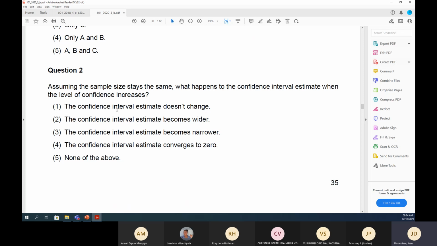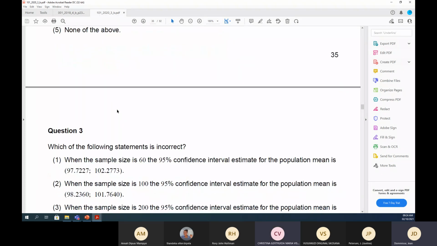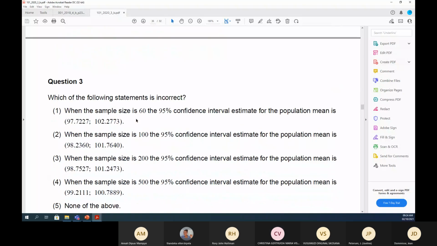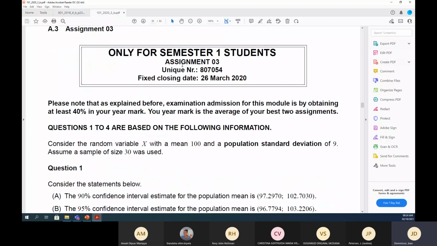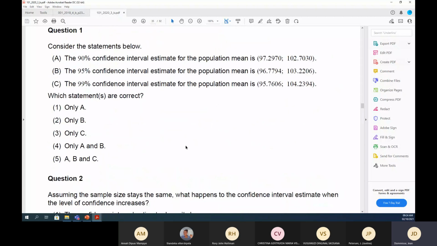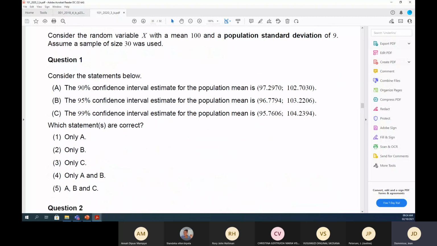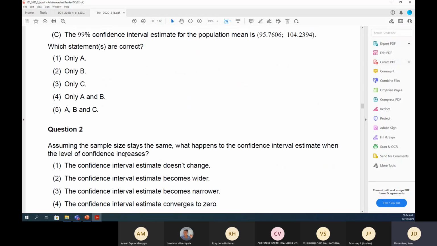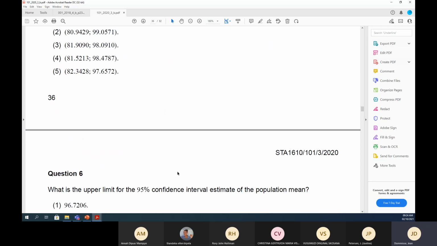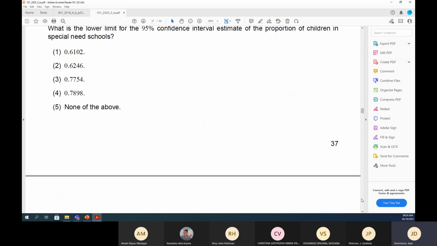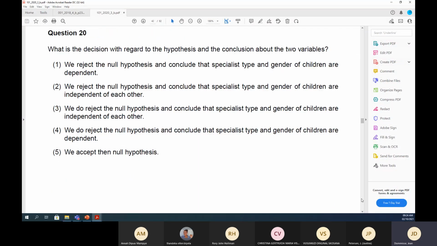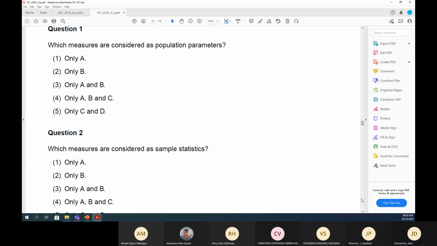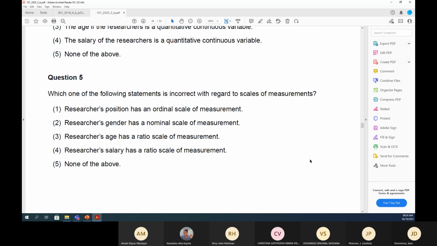What happens to the confidence interval? So that was semester one, in which we had the confidence interval change and the sample size. I'll add a few of these to our workings next week. But we just cover everything.